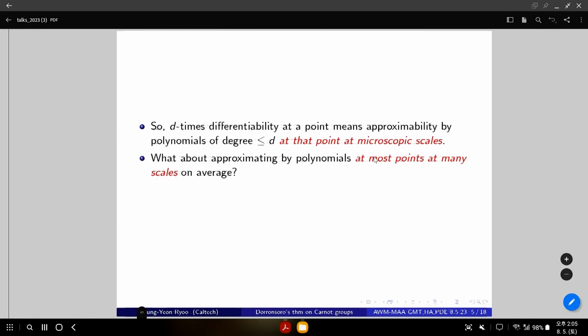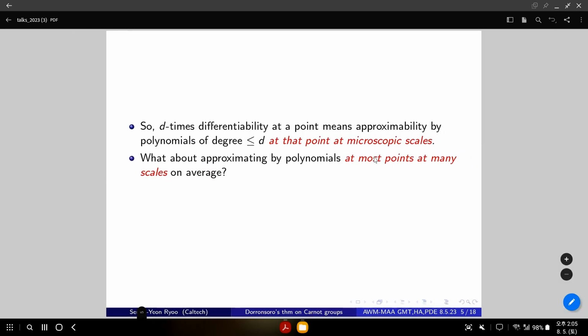To recap, what d times differentiability means is that you can approximate the function by polynomials of degree at most d around that point at a very small scale. The natural question is, in real life applications, you want to guarantee that the function can be approximated by that polynomial at larger scales.